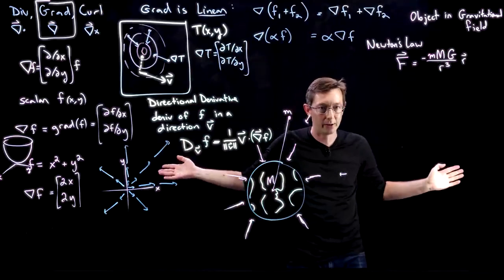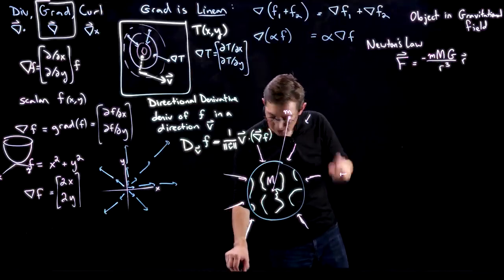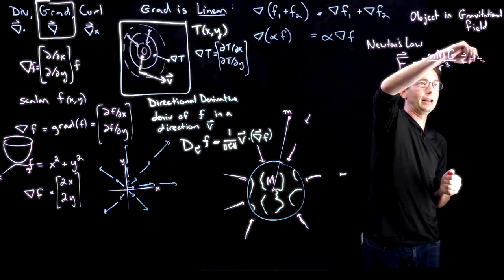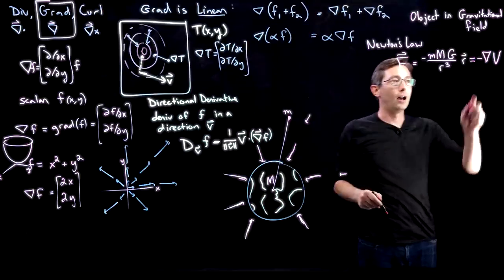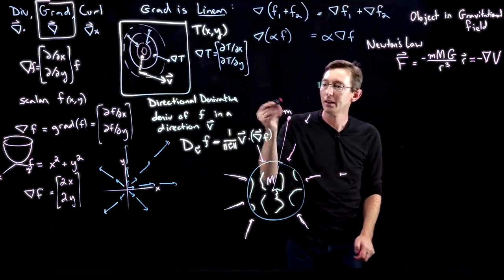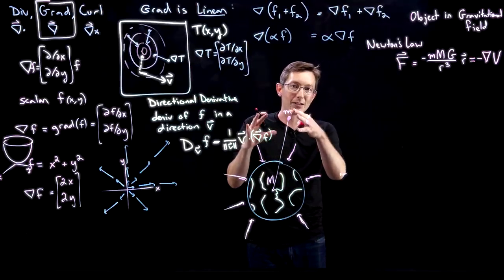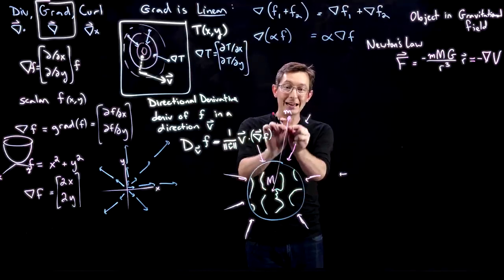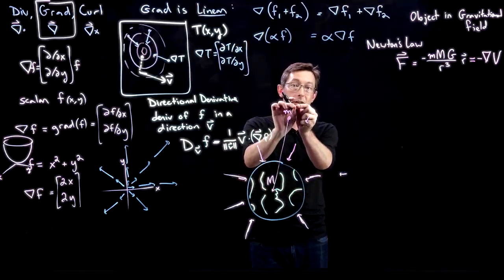This has nothing to do with the gradient so far, except that this is a potential field. This is equal to minus the gradient of the potential energy of this object. So any object at some radius r is going to have a potential energy, and its potential energy increases the farther out you go in r.